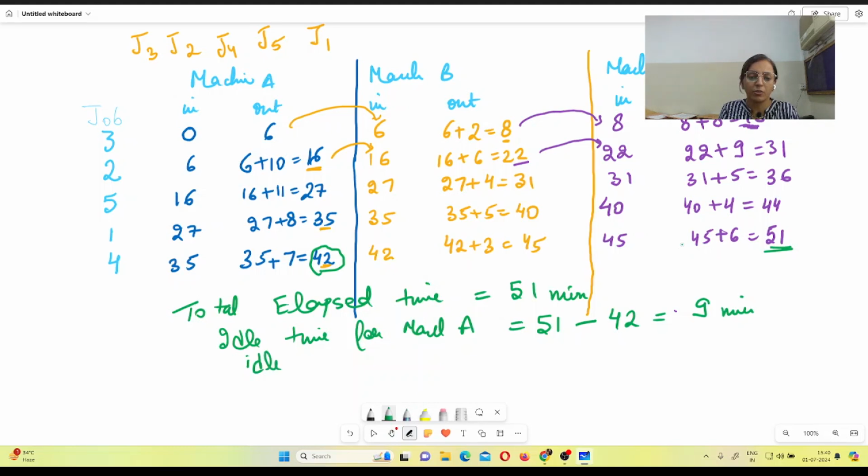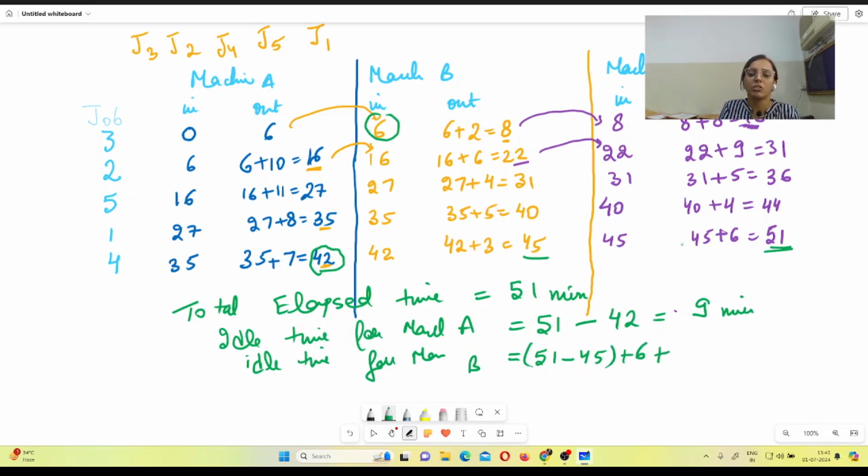Now we have to find out the idle time for machine B. The idle time for machine B will be equal to, it has completed the work in 45 minutes, right? So we write 51 minus 45 minutes. This is one part. But starting from the initial stage, please check it. Machine B is waiting for 6 minutes first of all, so you have to add this value also.